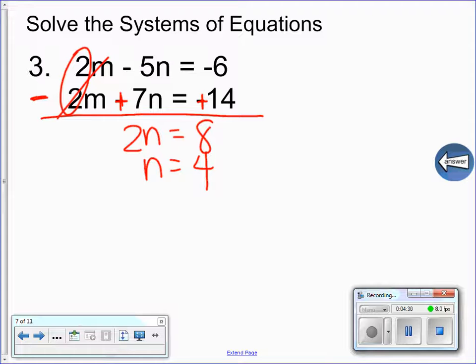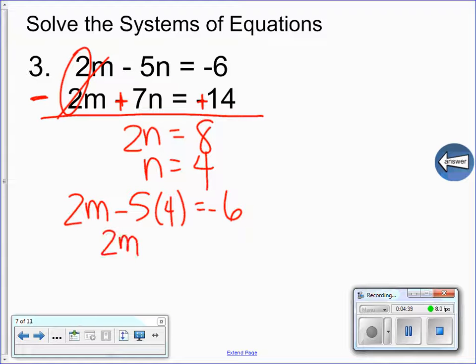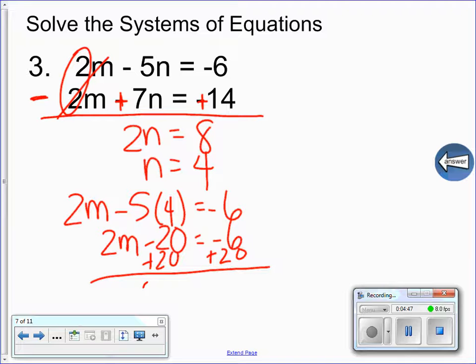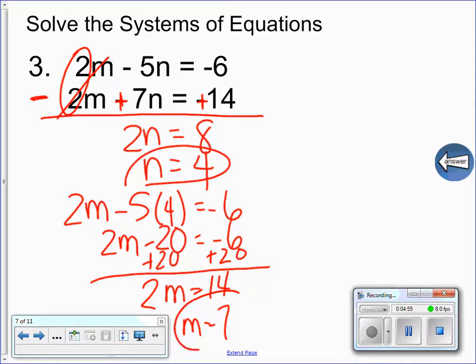I'm going to substitute it. 2m minus 5 times 4 equals negative 6. So 2m minus 20 equals negative 6. Add 20 to both sides, and I get 2m equals 14, so m equals 7.